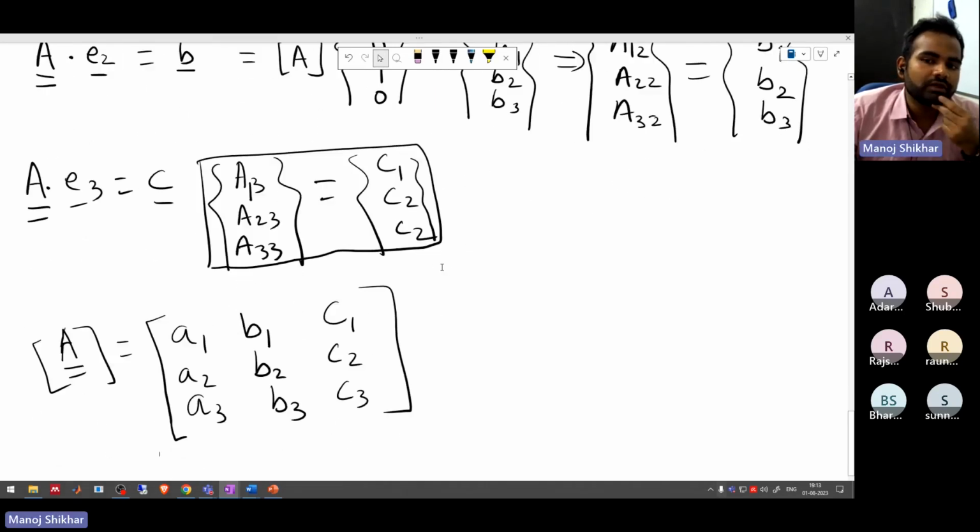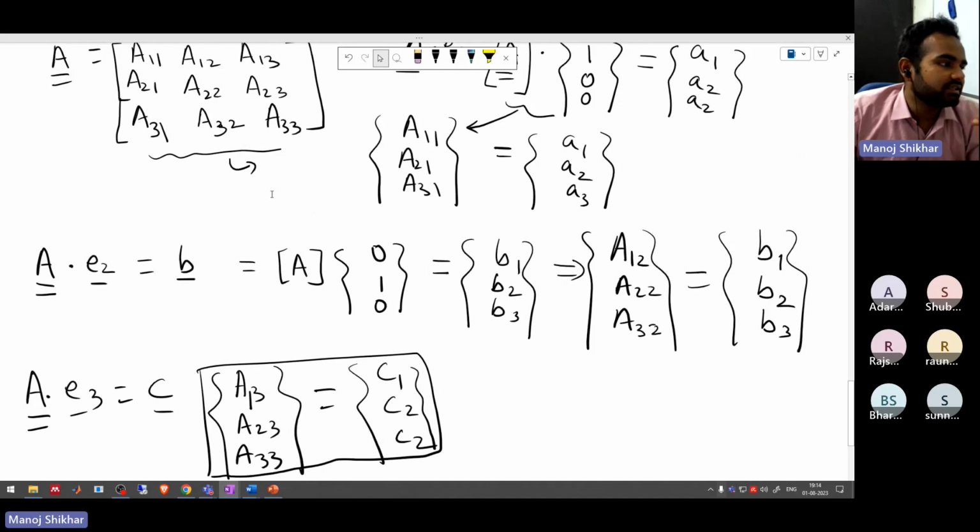Now, if you ask me, sir, where will this be useful? While going through lecture 3, you may have gone through one example where sir replaced the columns of a stress tensor by the traction vectors, by each component of the traction vector in a particular direction. The first column vector is replaced by the traction vector in the direction of E1.